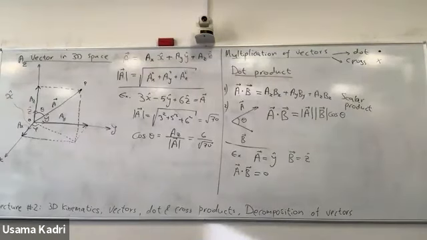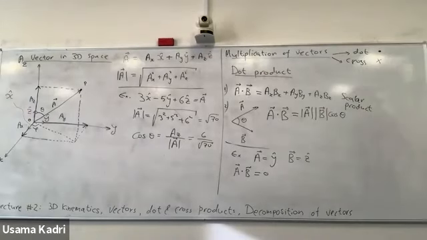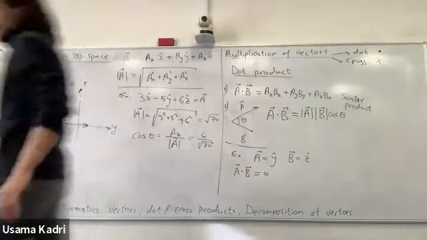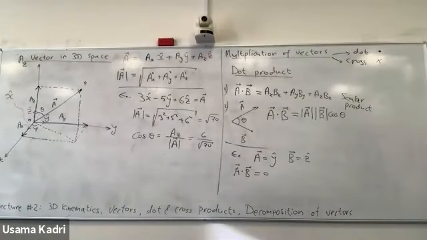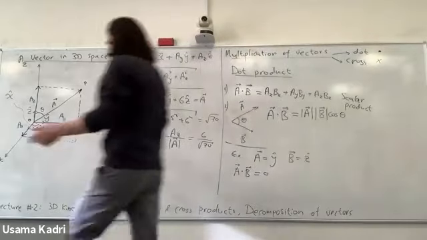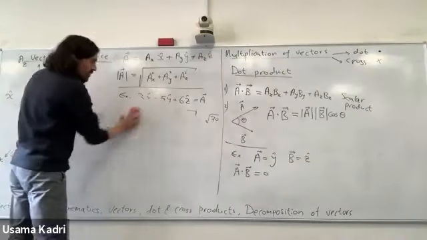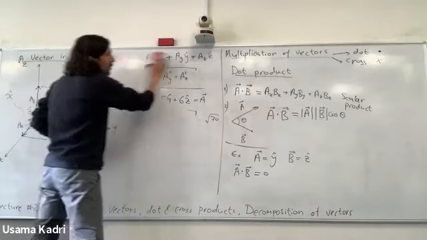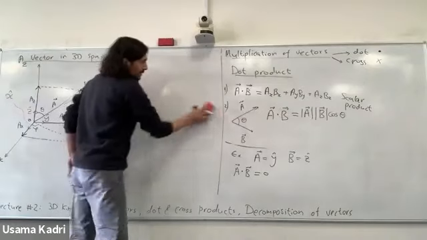Now we move to the more difficult product, which is the cross product. But think about it in the same sense of projection. For the dot product, you actually want to look at the components in the direction of the vectors.